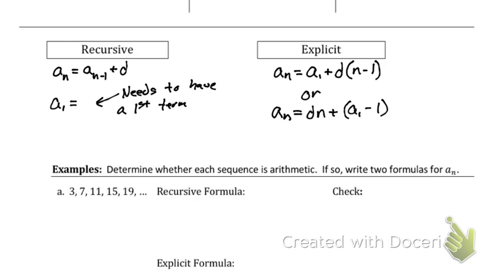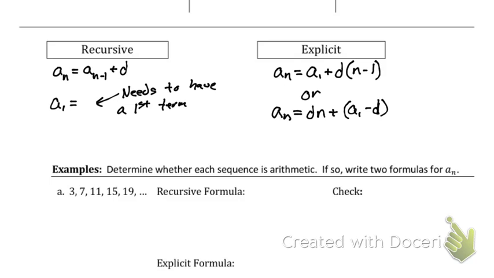Because if I distribute this d here, I'd have d times n. And if I distribute the d here, I have negative d. So I just write the d times n out front. Oh, I'm sorry, this should have been a d. That should have been a d. A sub 1 minus d. But it's the same thing.